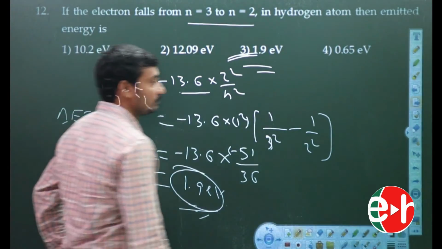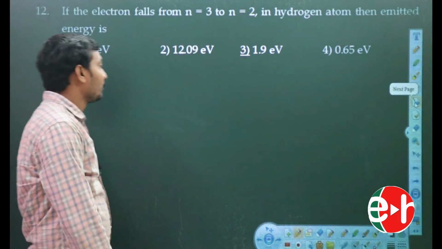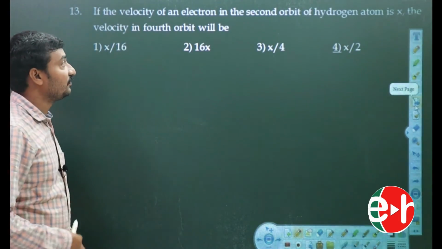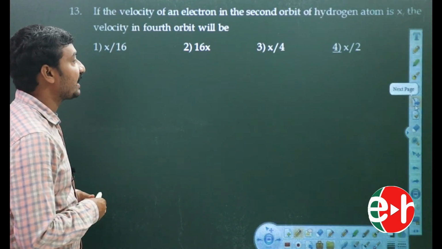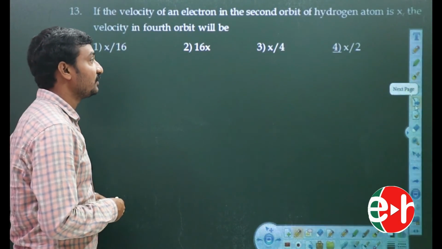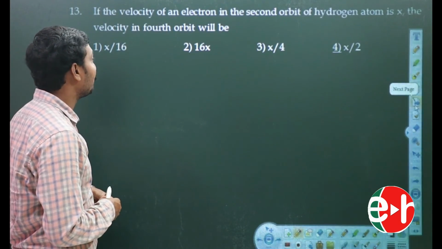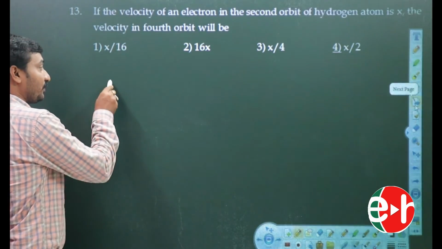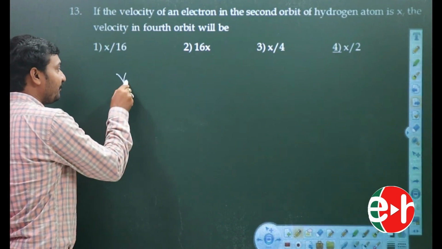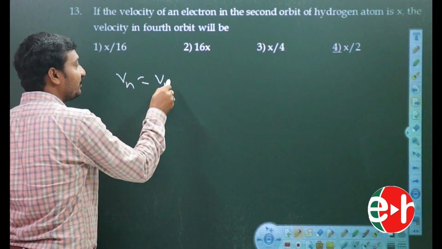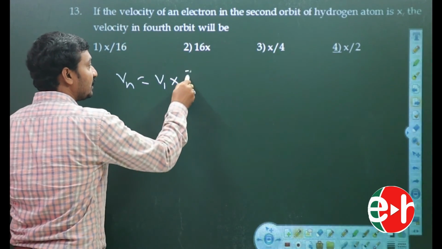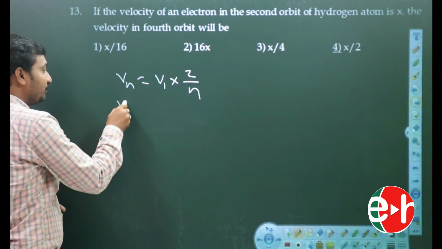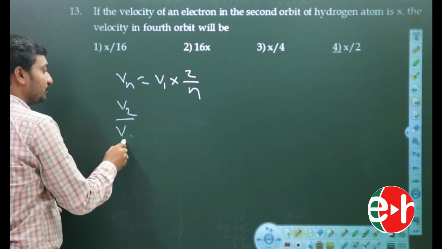Okay, next one. If the velocity of an electron in the second orbit of a hydrogen atom is x, the velocity of the fourth Bohr orbit will be, okay, same: Vn is equal to V1 into Z by N. V2 by V4. Take the ratio.